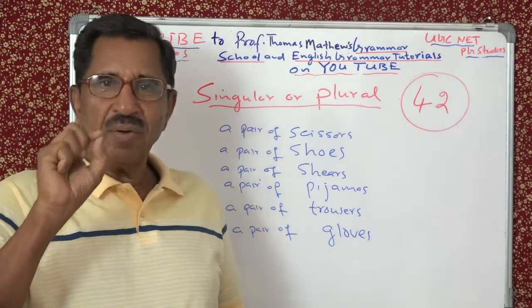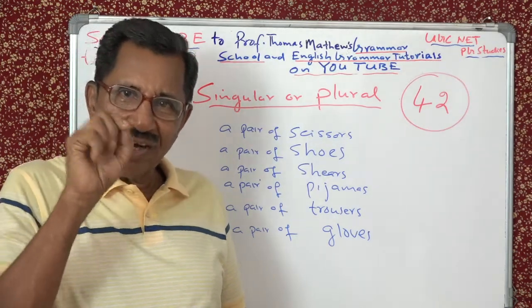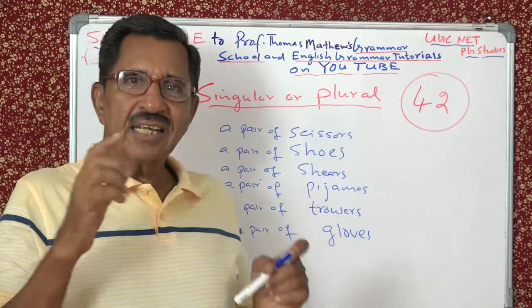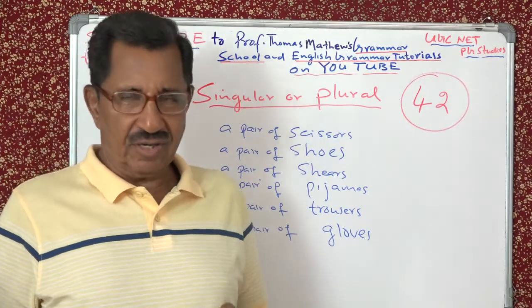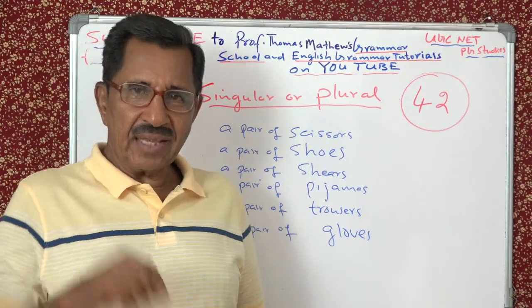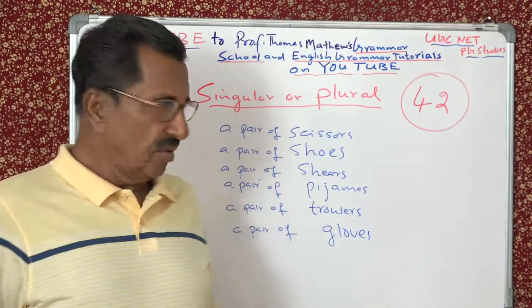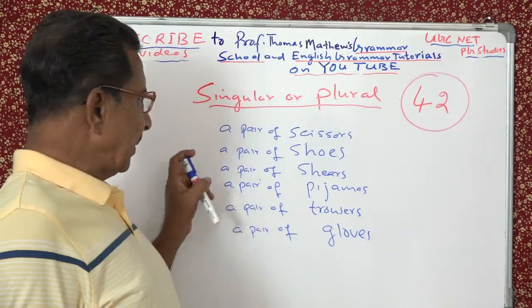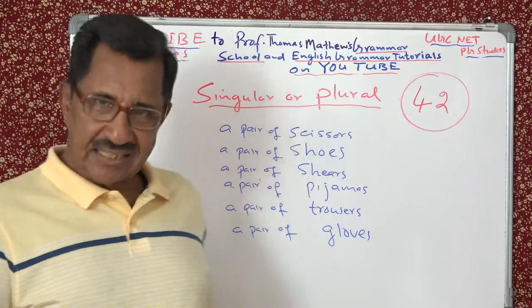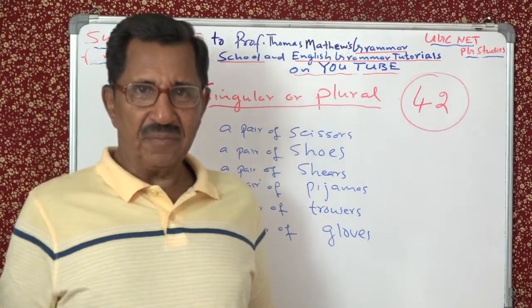So, what happens is that although it looks like S ending in S, plural, these two parts make one unit. These are considered as singular. So when you are making sentences with this, you should use a singular verb. For example, you say, a pair of scissors is useful.